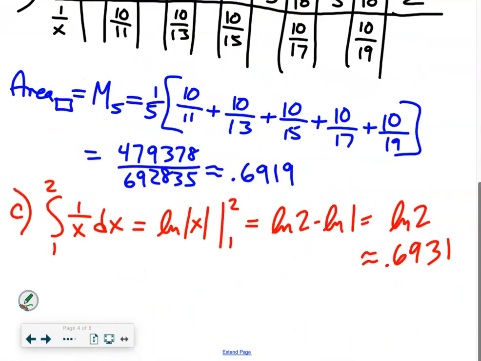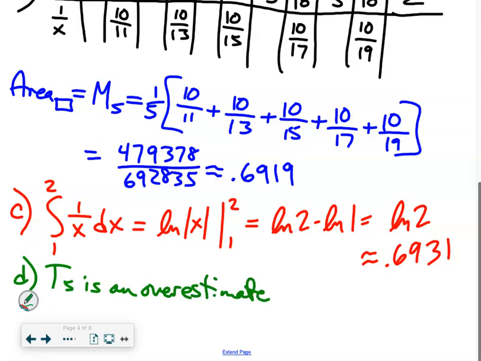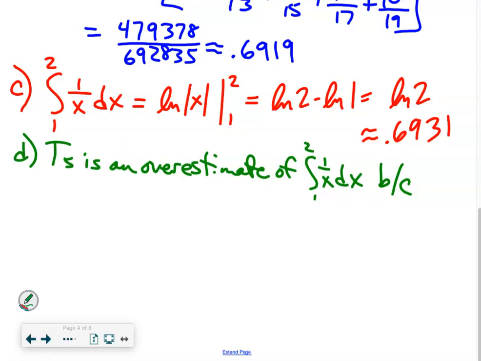We would say that T sub 5 is an overestimate of the actual value because y equals 1 over x is concave up on the interval from 1 to 2.